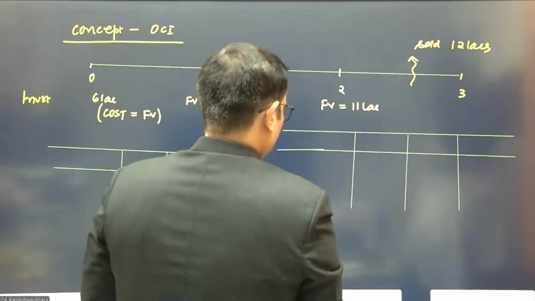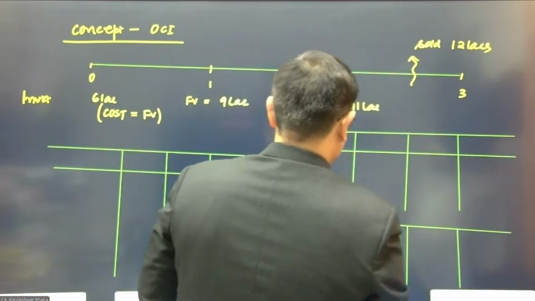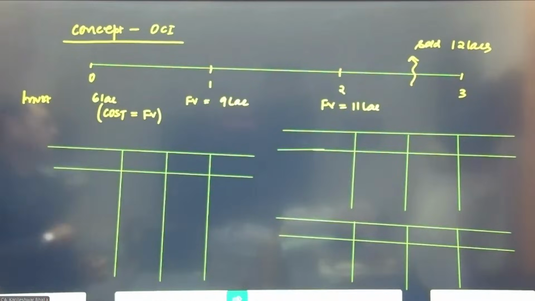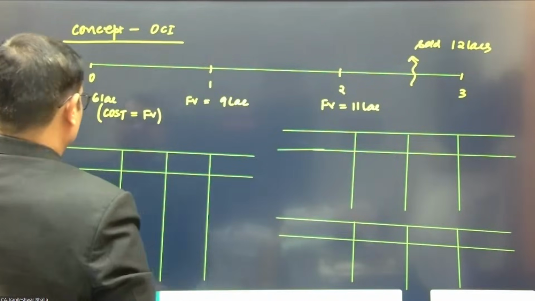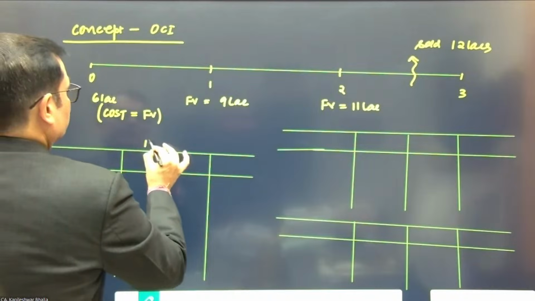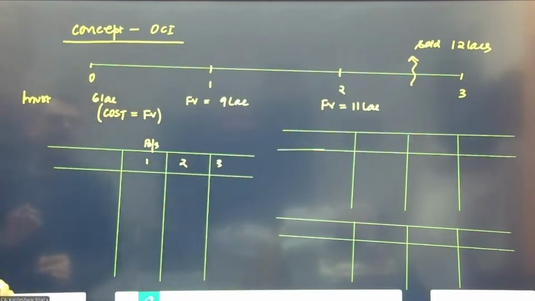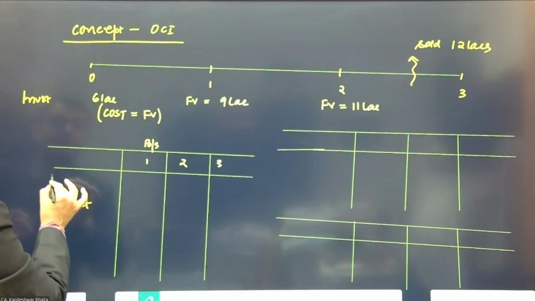Let me also make my statement of changes in equity, and an extract of SOCI. So we're going to look at the extract balance sheet, extract income statement, and the extract SOCI as well. Let's say this is the balance sheet extract, years 1, 2, 3, and we are taking the investments in the balance sheet, that is, on the asset side.